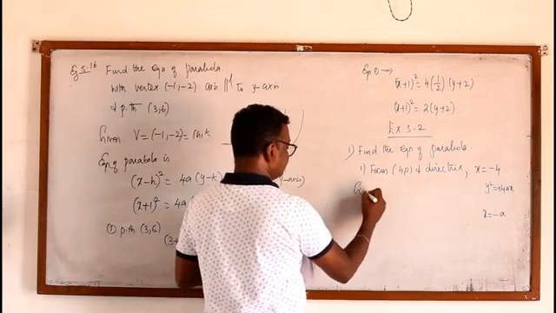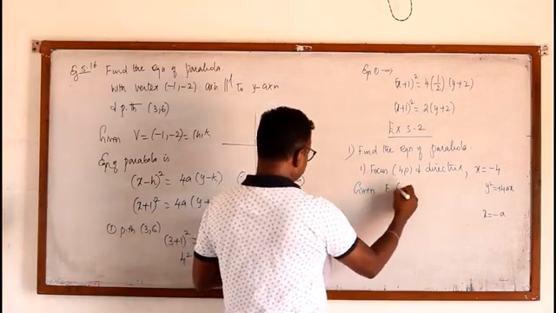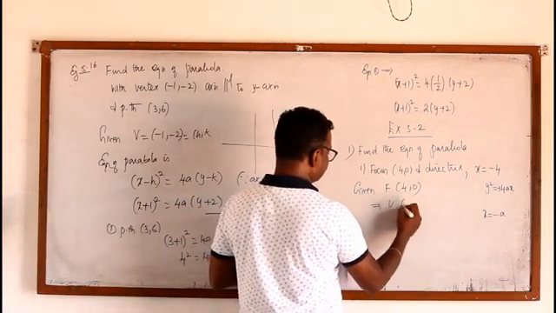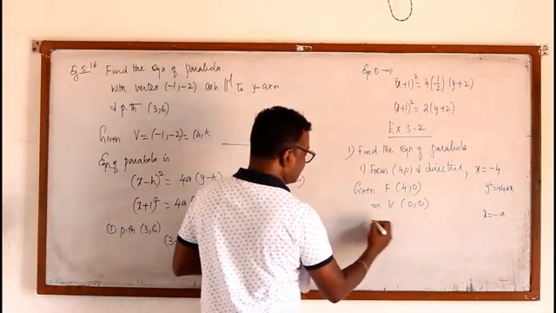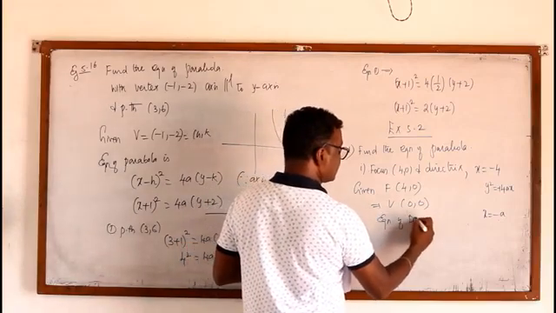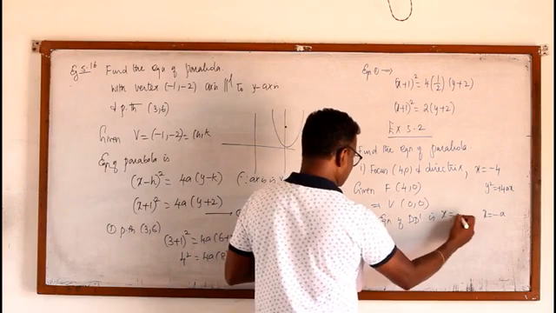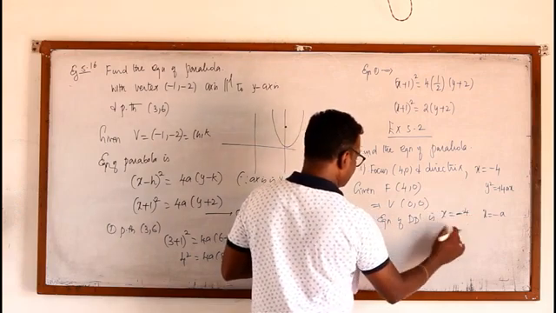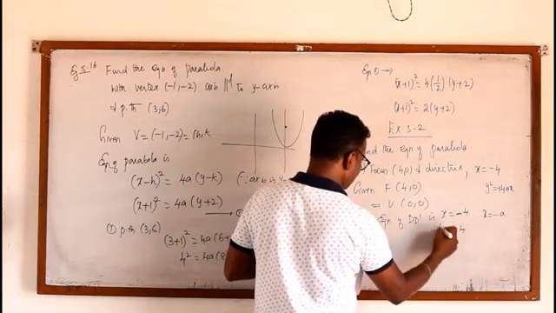So given focus, we no need to use the focus. Straightly, this implies vertex is (0, 0). Given equation of directrix is x equal to minus 4. So x equal to minus a form, a equal to 4.